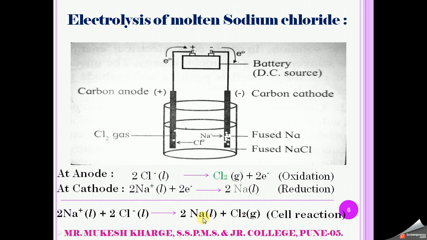This sodium liquid is silvery in nature, but it is in fused state. So this is the overall cell reaction of electrolysis of molten NaCl. What is the result of electrolysis of molten NaCl? A pale green chlorine gas is released at the anode, and molten silvery white sodium is formed at the cathode.